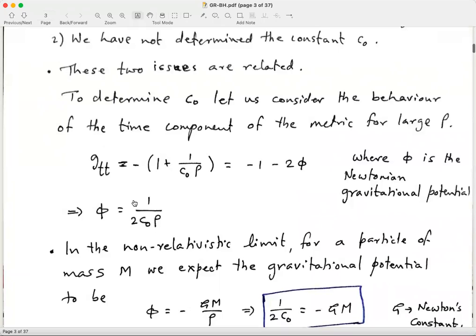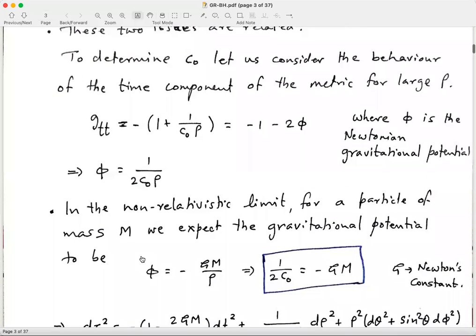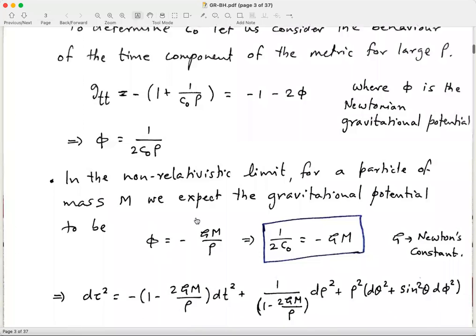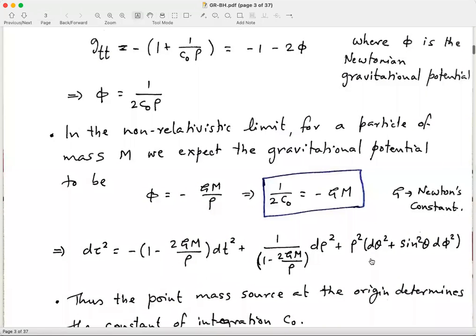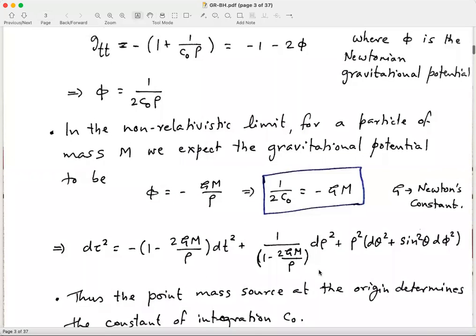Namely, you ask how the TT component of the metric is related to the Newtonian gravitational potential, and once you get the Newtonian gravitational potential, you compare that with the Newtonian potential that we would write down, which is phi equal to minus G times m upon rho, where m is the point mass of the point particle which is generating this gravitational field. This allows us to identify 1 over 2 C naught is equal to minus GM, and we'll just put it back in the metric, and we would get this metric, which is the Schwarzschild metric that we were looking at.